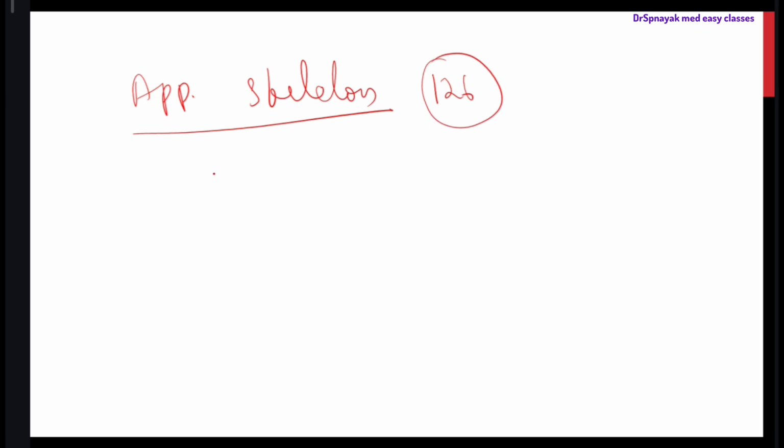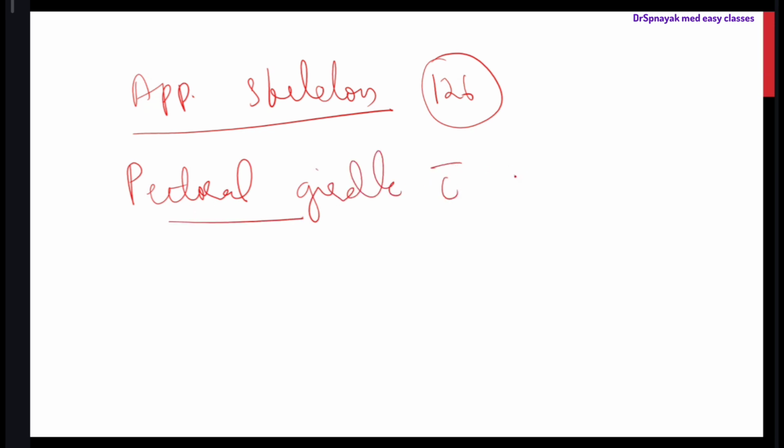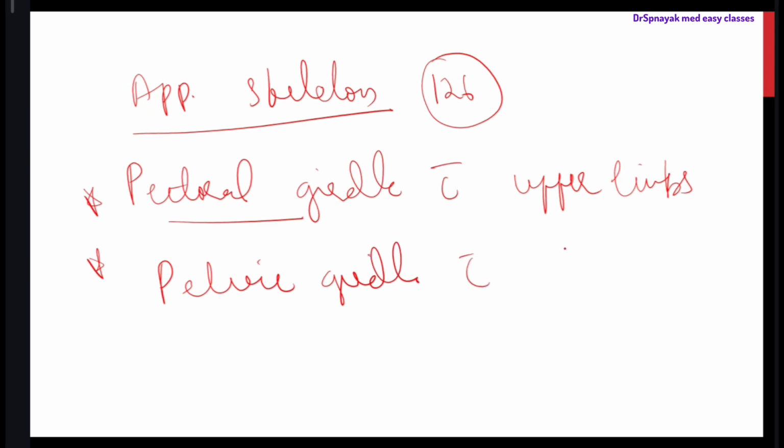In the appendicular skeleton, we have the pectoral girdle with the upper limbs, and second, the pelvic girdle with the lower limbs. All these bones together form 126 bones.